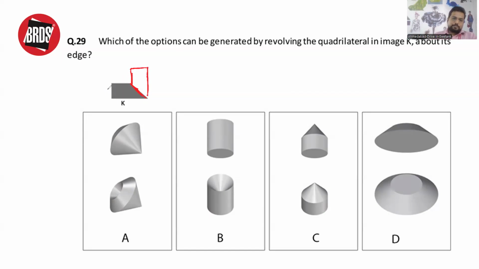By a 360-degree rotation, I will get a circle over here, where this much of the space would be empty, and I will get a kind of diamond shape over here. So that is looking like A. This is the section which is empty. If you focus properly, you are going to get something like this.